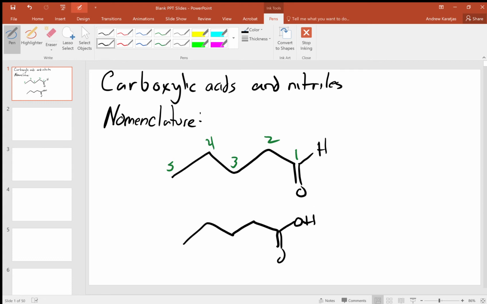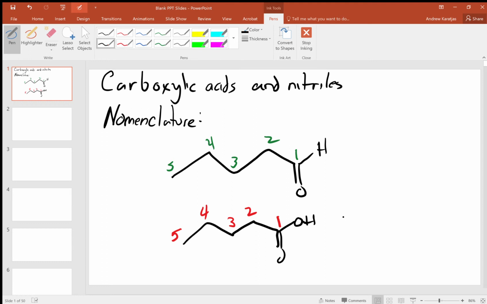So here's a 5-carbon carboxylic acid. We know once we get into any substituents that the carbonyl carbon is always going to be carbon number 1. And so that means that just like with an aldehyde, we don't need a number to indicate where the functional group is. All we need is the proper ending to show what functional group we have.